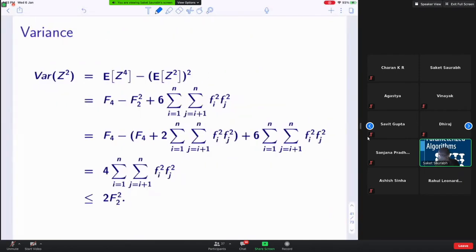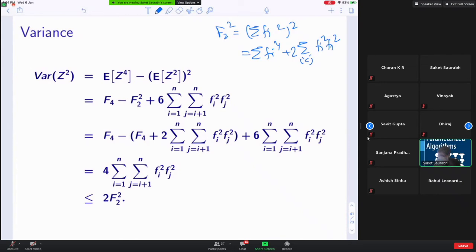So this sounds a bit messy, so let me write down something here. Let's see what f2 square is. Summation fi square, whole square, is summation fi to the power 4 plus 2 times summation i less than j fi square fj square. Agreed?